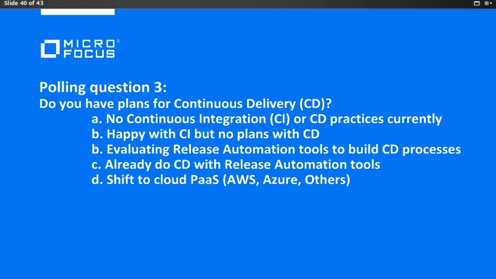Option B, happy with CI but no plans with CD. Option C, evaluating release automation tools to build CD processes. Option D, already do continuous delivery with release automation tools. And last option, option E, shift to cloud platform as a service, Amazon, Azure, or others. So let's hear it from you folks.